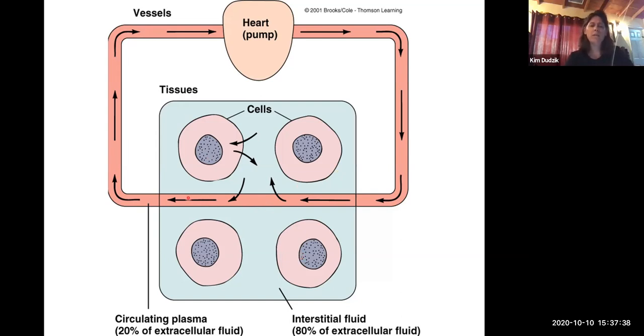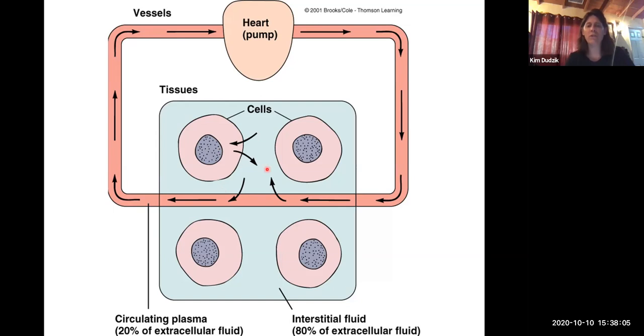And then bringing the blood back to the heart. We're not showing the pulmonary circulation. But the larger blood vessels, all they do is conduct the blood to specific areas of the body. The only place where exchange actually occurs is at the capillary beds, right?